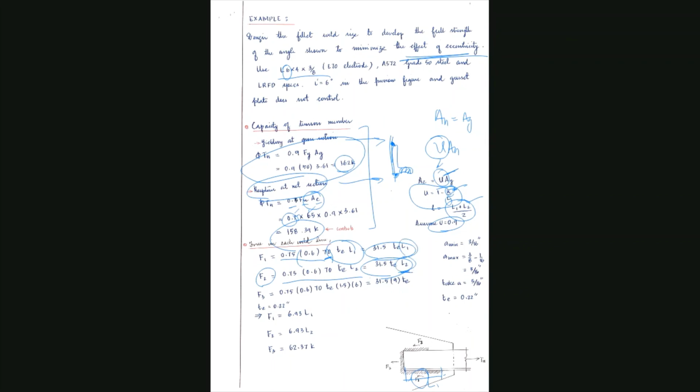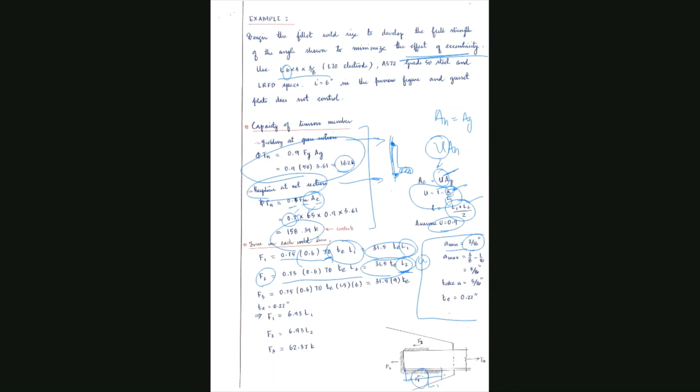Okay. Now you see how A has been taken, because we essentially assume A and design for L. So A, this is from the manual. This is based on the thickness of the angle, because it has been mentioned in the question that the gusset plate does not control. So this A minimum is chosen based on the thickness of the angle.